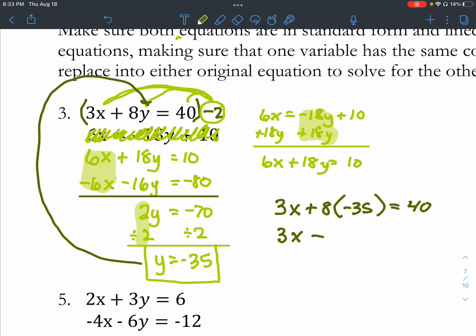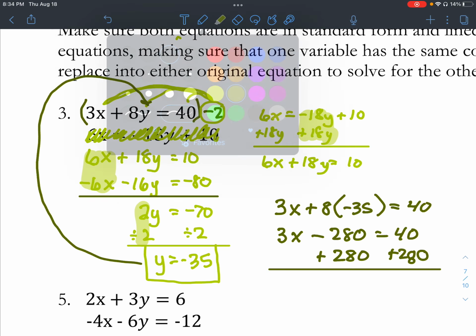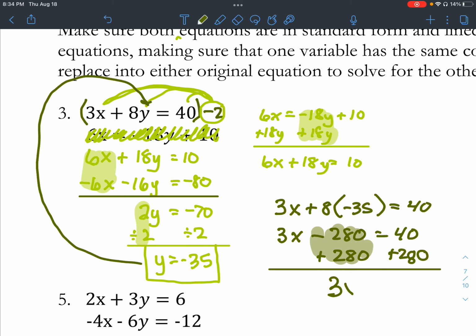Negative 35 times 8. I get negative 280. Holy smokes. I think that'll become a little bit nicer for us in a second. Add 280. Add 280. We're going to see those disappear. 3x equals 320.